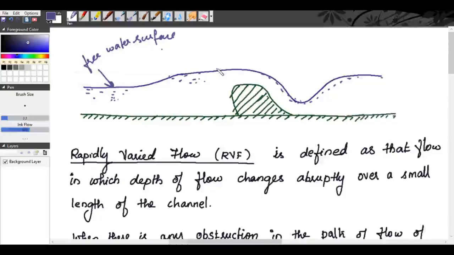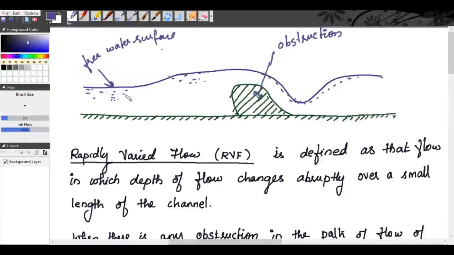So water, or any liquid, is flowing like this. There is an obstruction, some obstruction placed in the path of the flow of the liquid in the open channel. Right?